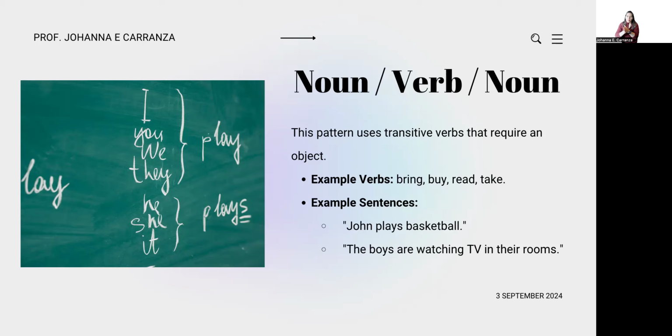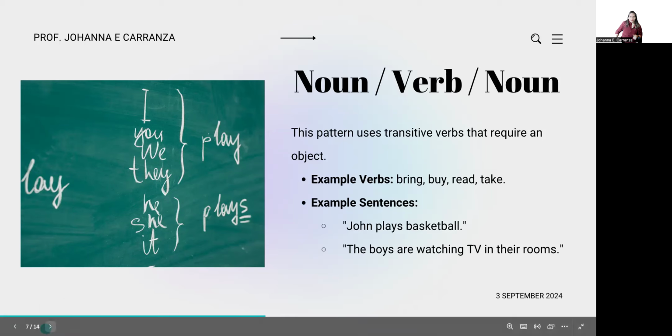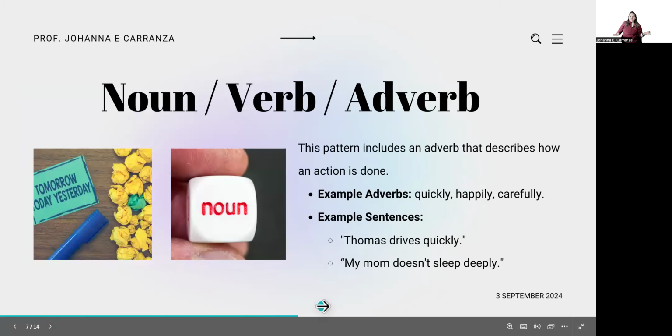That's how this pattern works. The first noun is your subject, which is either John or the boys. Then comes your verb, either plays or are watching in this case. And then the noun, basketball or TV as television, which is also called your object.